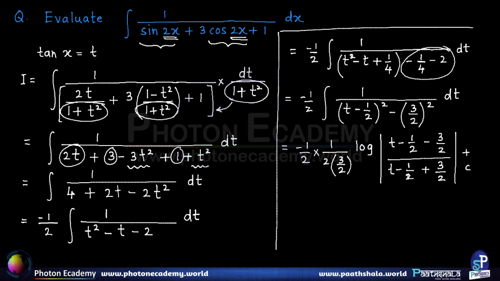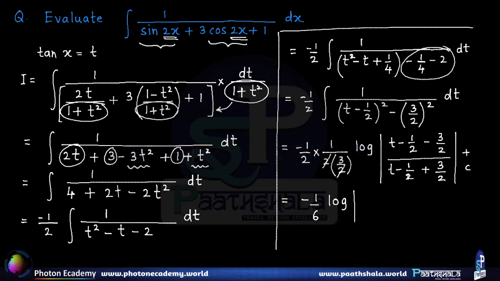So that further gives us, 2 gets cancelled, 2 into 3 is 6, so that is minus 1 by 6 log of mod of, now minus 1 by 2 minus 3 by 2 is nothing but minus 2, so here we have simply t minus 2, and here we have t plus 1, plus c.